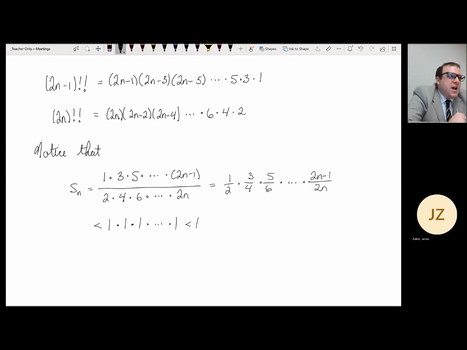That means 1 serves as an upper bound for the sequence. In fact, it might even be the supremum. The least upper bound.